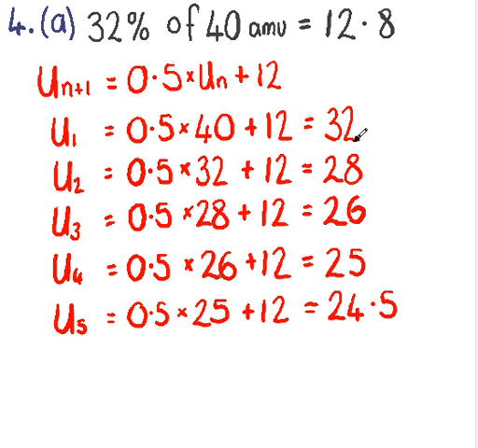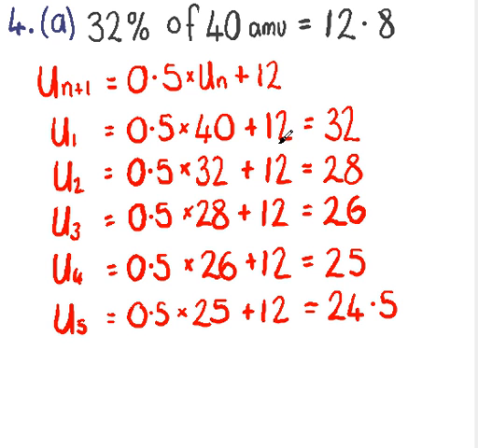Now, that doesn't mean that the lowest mass in that period was 32, because we were told that at the end of each 2-hour period, it is bombarded by atomic matter, which allows it to recover 12 AMU. So this plus 12 is added at the end of the 2-hour period.